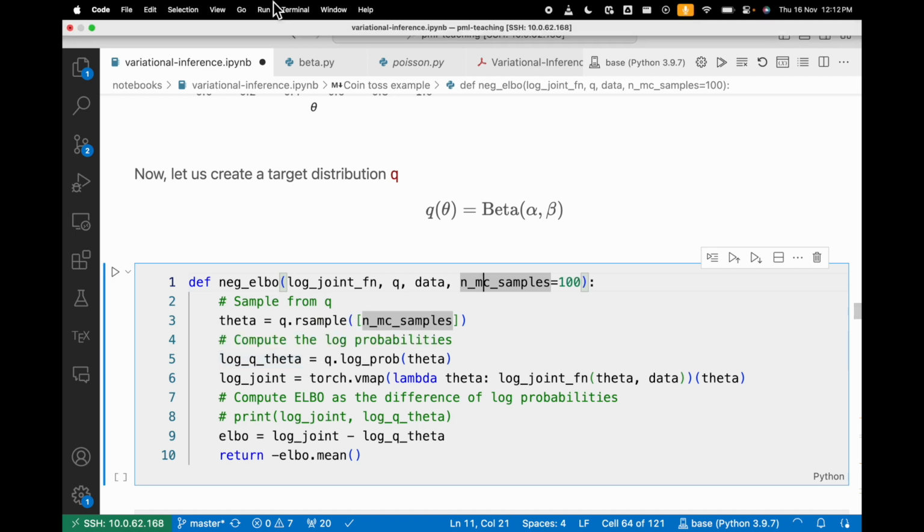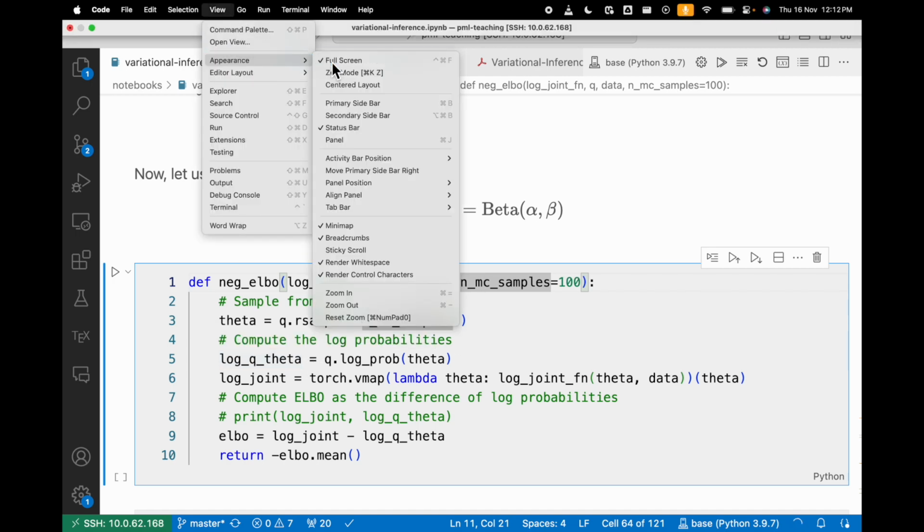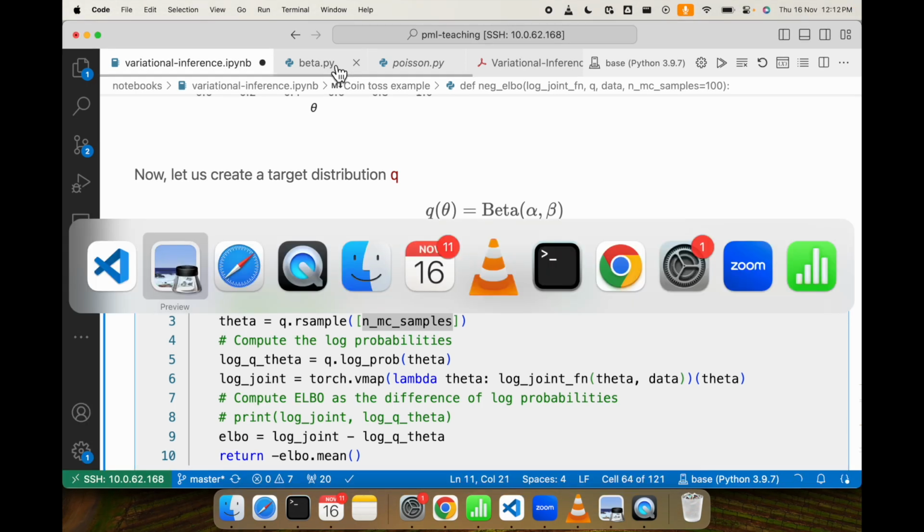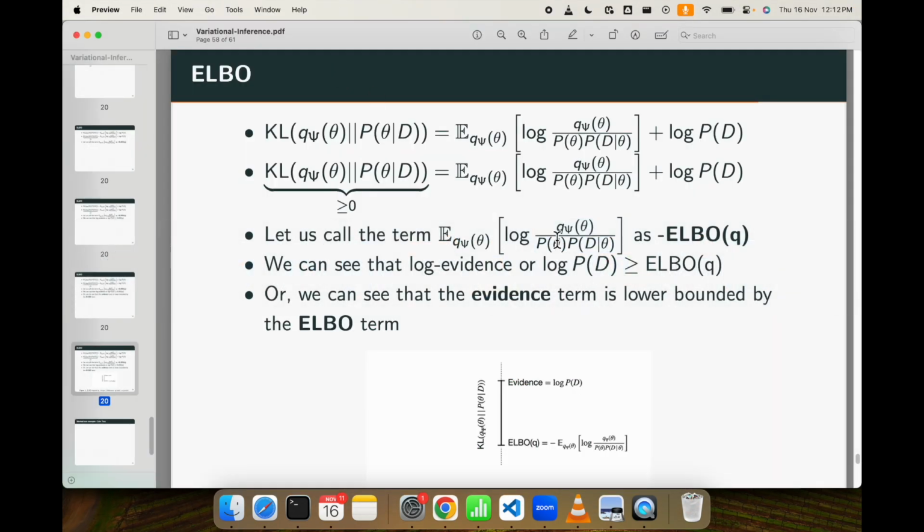So if we go back and look at the ELBO term, we sample from Q theta, we get n Monte Carlo samples. We plug those sample values into log of Q of theta and into the log joint, and then we do log of this minus log of this.